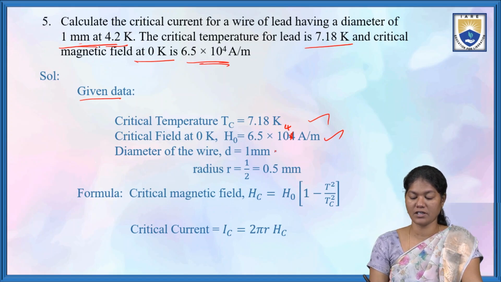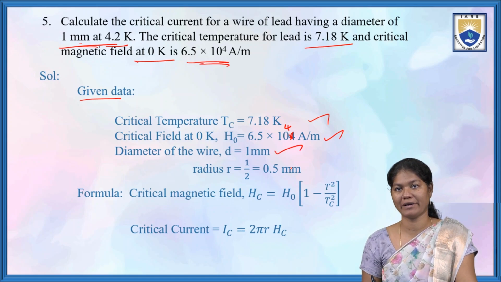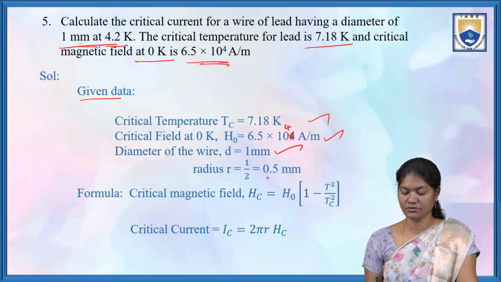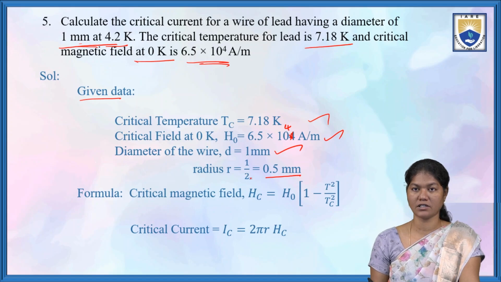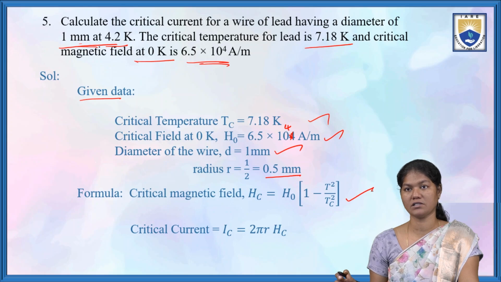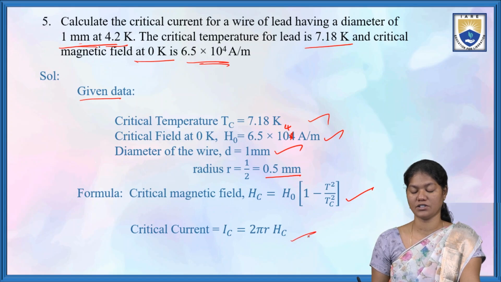Diameter of the wire D is equal to 1 millimeter. So from this, radius is 1 by 2, that is 0.5 millimeter. The formula to find the critical magnetic field Hc is equal to H naught into 1 minus T square by Tc square. For the critical current, Ic is equal to 2 pi R Hc.